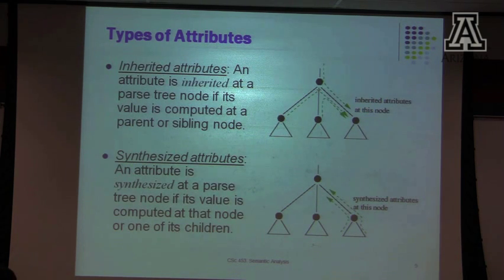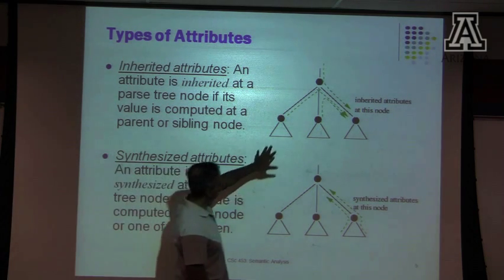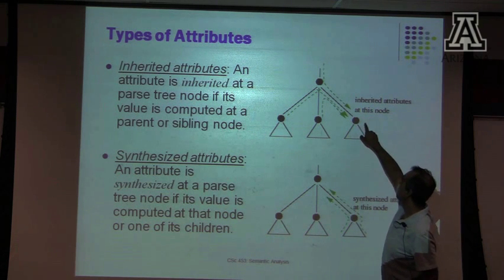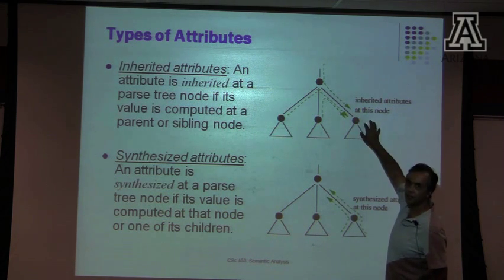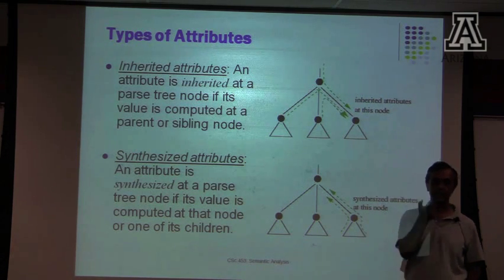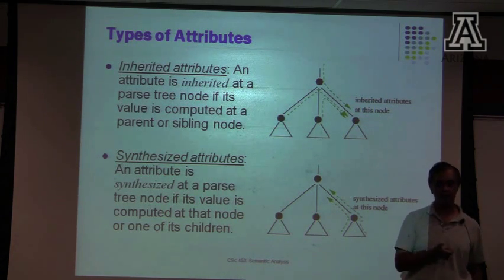So we're processing attributes, and we're using semantic rules to pass information about attributes around. So think of these as parse trees, or rather annotated parse trees. At each node in the parse tree, I have a set of attributes corresponding to that grammar symbol, and I have semantic rules that say, here's how you compute the value of this attribute.